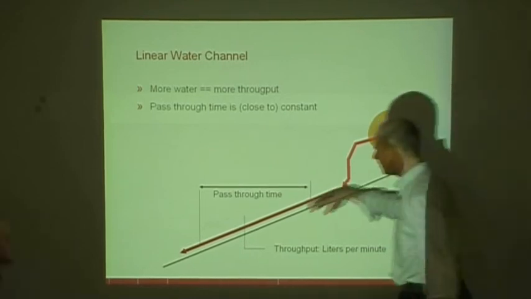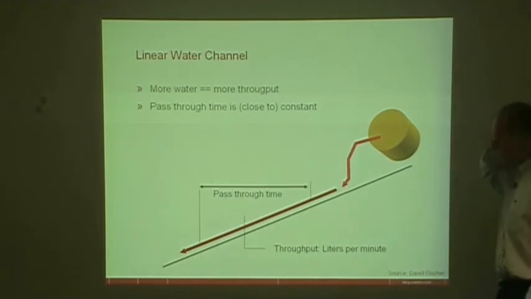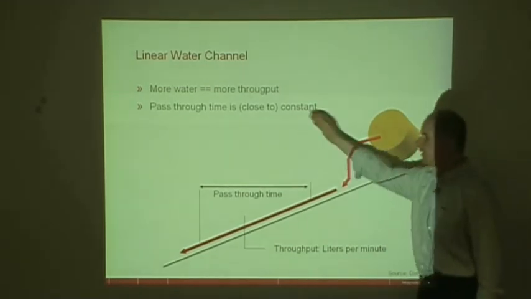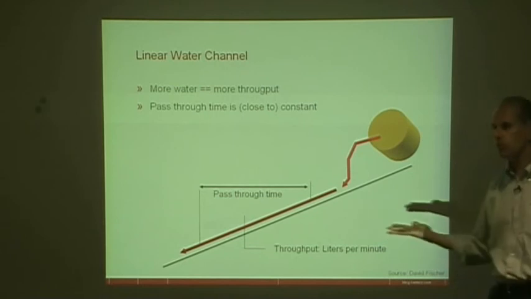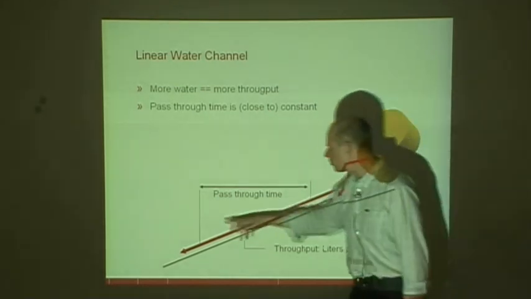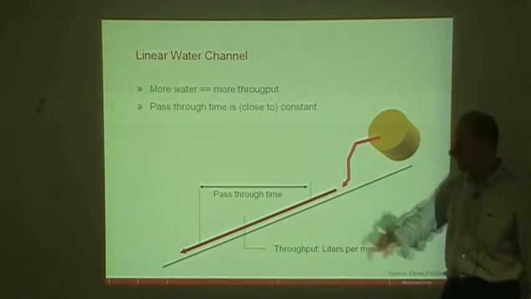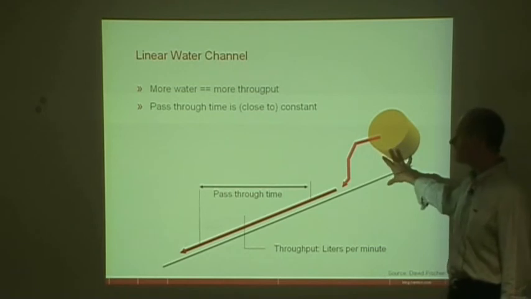this is like a surface, and you pour water on the surface. Because the surface is open here, you can pour as much water as you want. So if you pour a little bit of water or a lot of water, the pass-through time of the water, if you measure it here, doesn't really change. It changes a little bit because of the weight. But this here is a linear system.